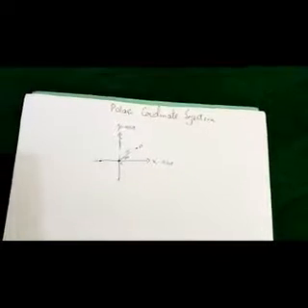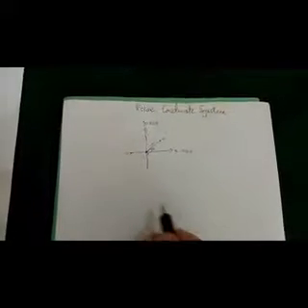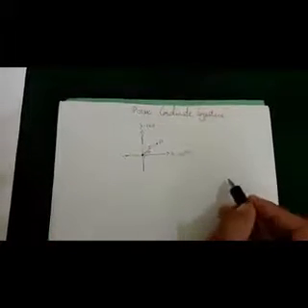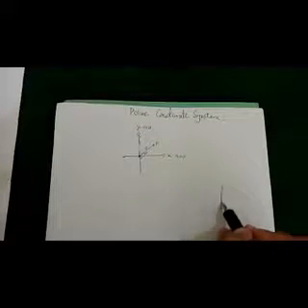So coming towards the main point, what to do next? From here we have to find the coordinate relations. Just consider a triangle here. I'm drawing a triangle.